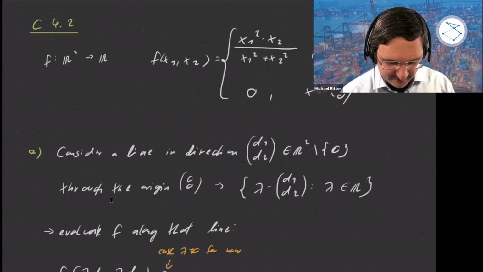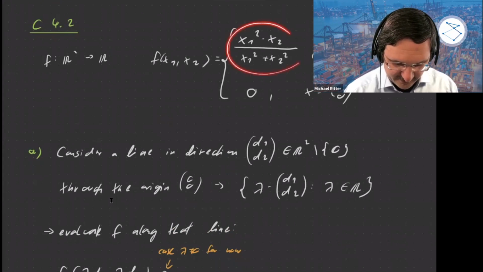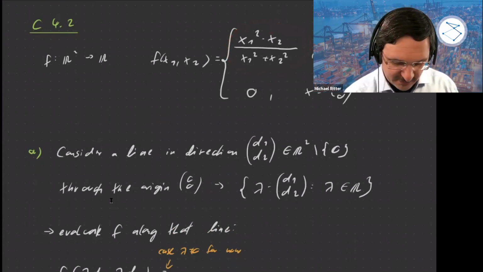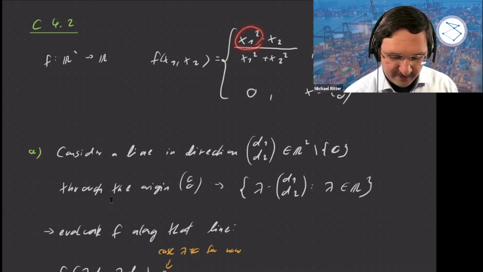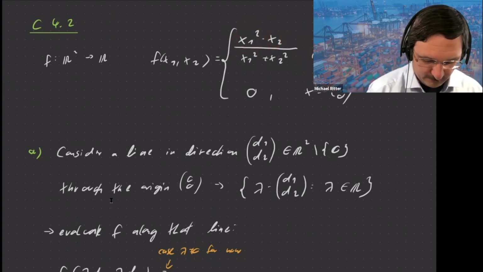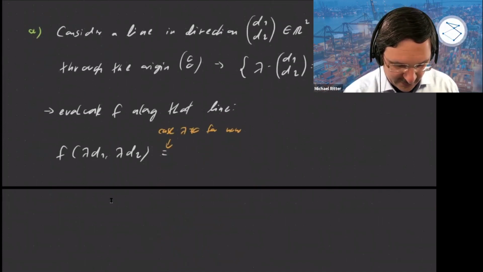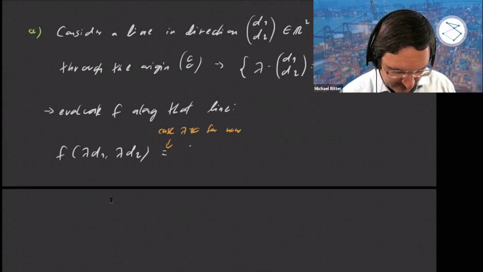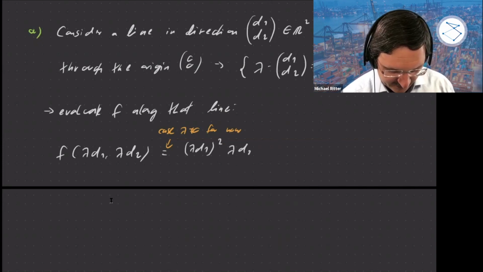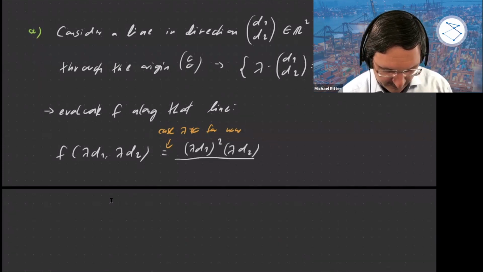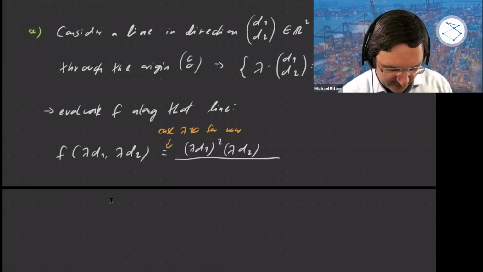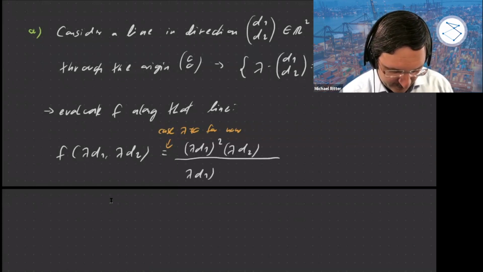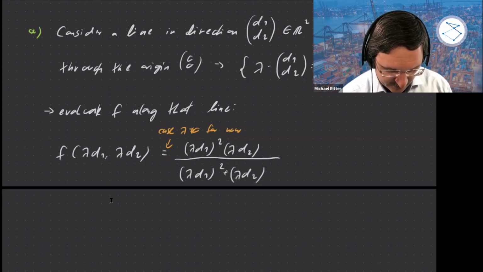Okay, in that case, we're in this part of the definition, so we can just substitute lambda d1 for x1 and lambda d2 for x2. And if we do that, we get lambda d1 squared lambda d2, and we divide that by lambda d1 squared plus lambda d2 squared.